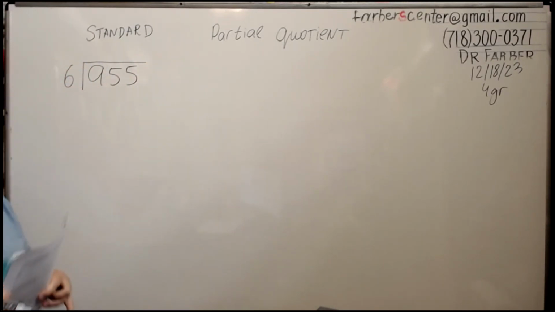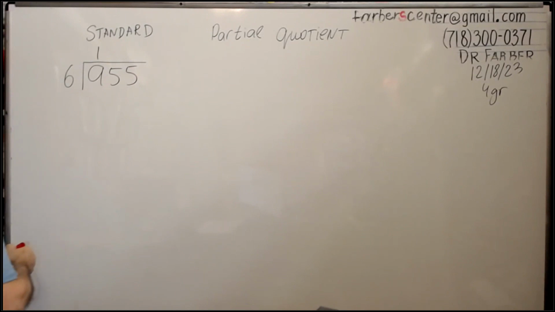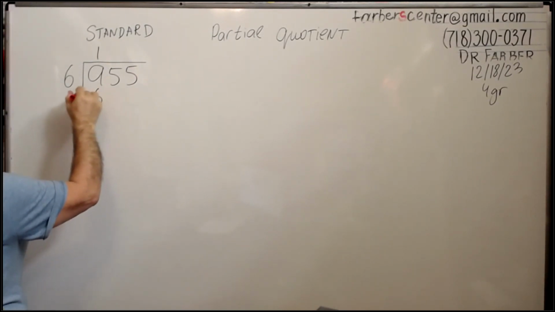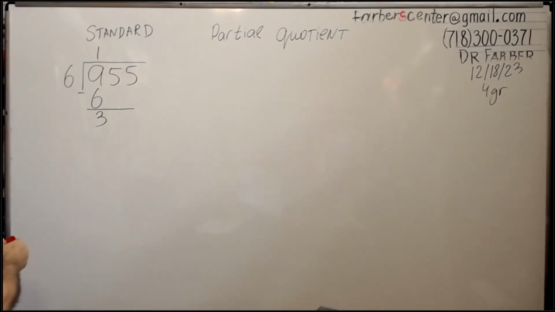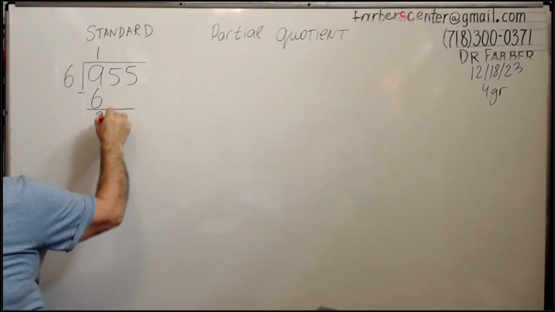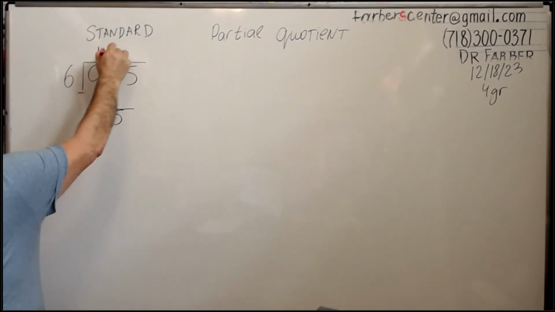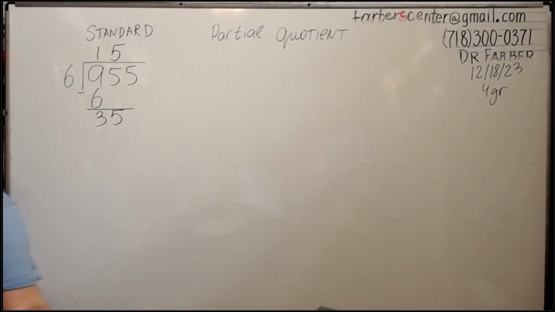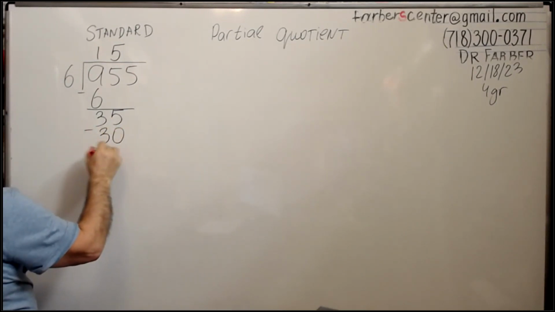Standard. 6 fits into 9 one time. Okay, good. Then 1 times 6 equals 6. So you do 9 minus 6, which is 3. Good. You bring down 5, and then you round 35 to 30, and then 30 divided by 6 equals 5. 5 times 6 equals 30. 35 minus 30 equals 5.